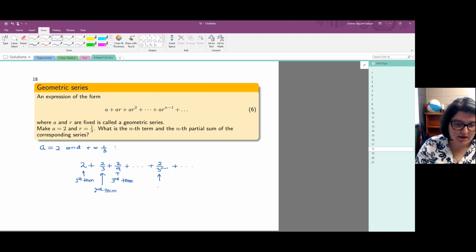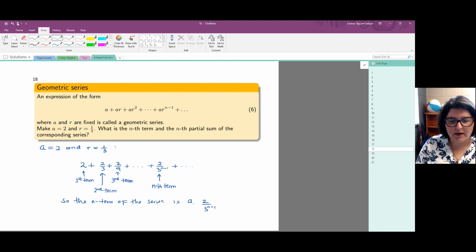And as we continue like that, we notice that the nth term, the nth addend we see, is 2 divided by 3 to the n minus 1. So the nth term of the series is 2 divided by 3 to the n minus 1. And the nth term is usually denoted by a sub n.